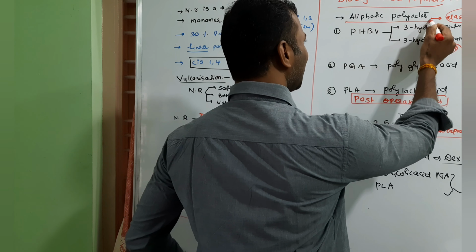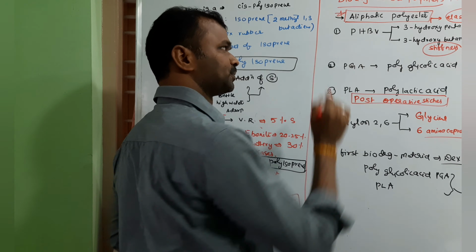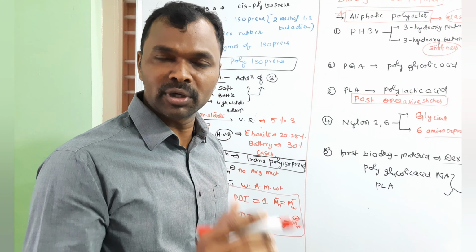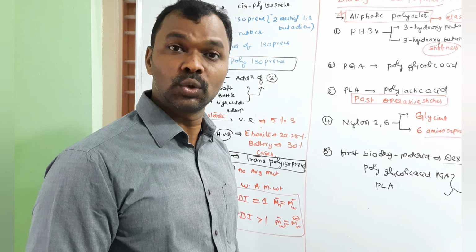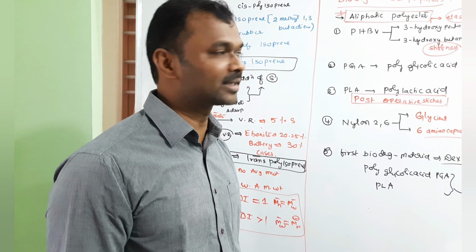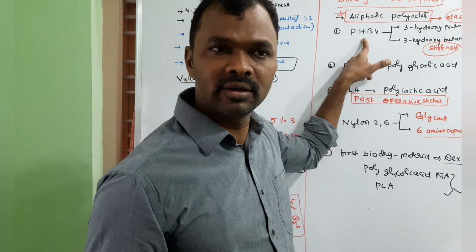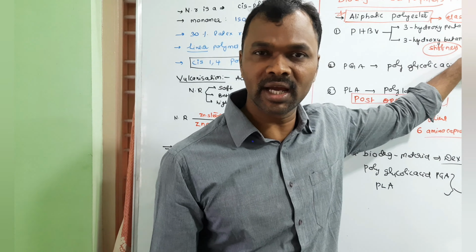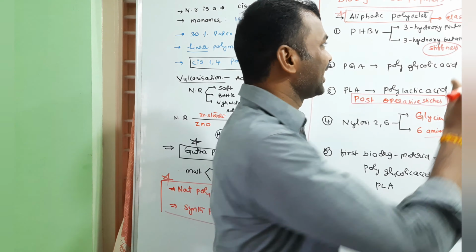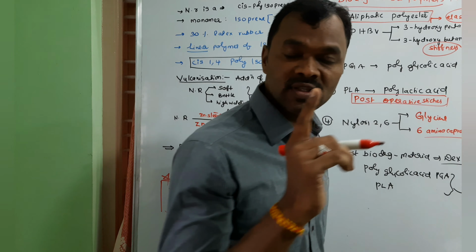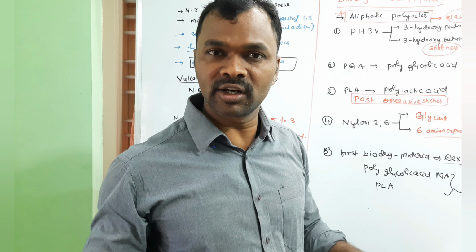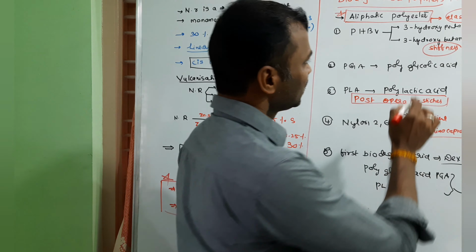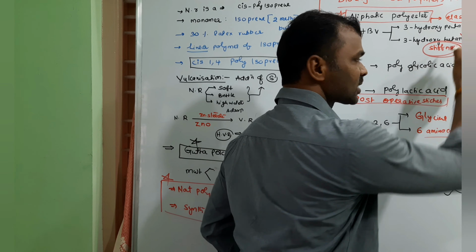First point is aliphatic polyesters. The most important example, 2018, 2017, also they asked. PHBV is a copolymer of 3-hydroxypentanoic acid which gives elasticity. This is very, very important. Not there in NCERT but asked so many times. And 3-hydroxybutanoic acid.